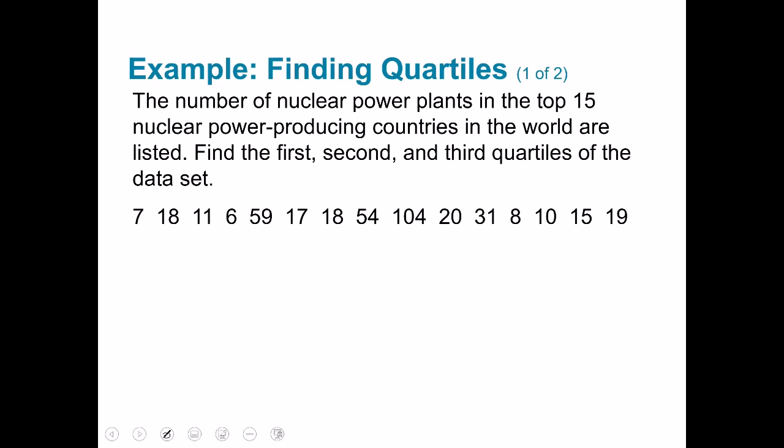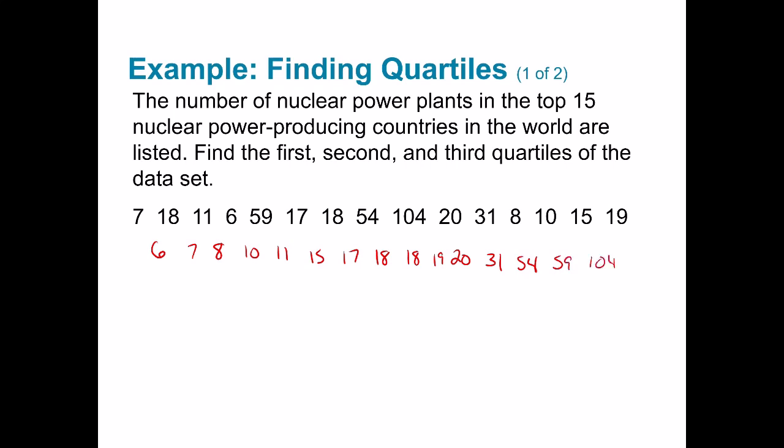6 is my smallest data value, then 7, 8, 10, 11, 15, 17, 18, 18, 19, 20, 31, 54, 59, and 104.